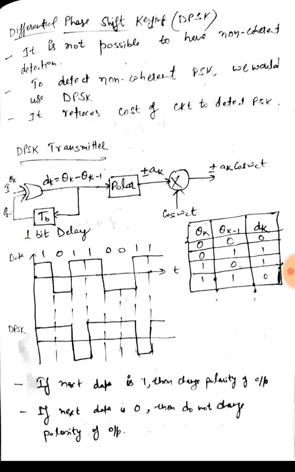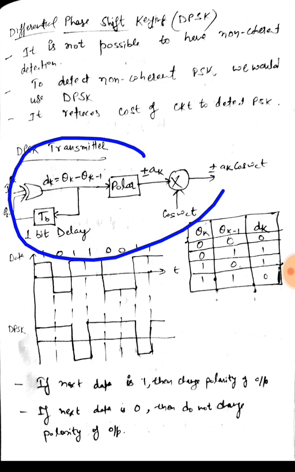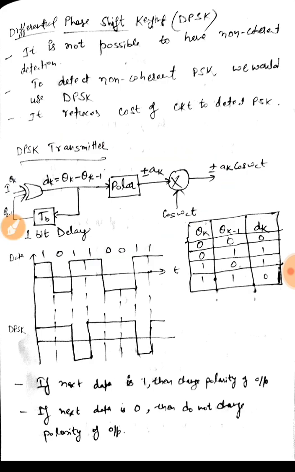So if the next data is 1, there will be a change of polarity of the output in DPSK. If next data is 0, like in this case, there would not be any change of polarity, it would remain the same as it was previously. So this is how we can generate the waveforms, and this is the basic block diagram of a DPSK transmitter.